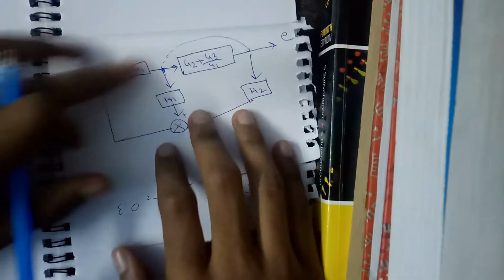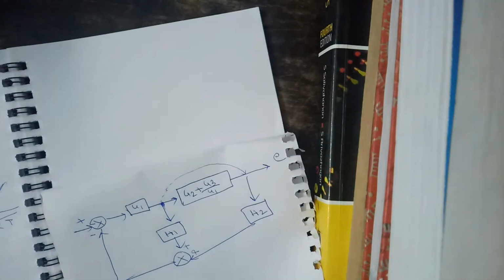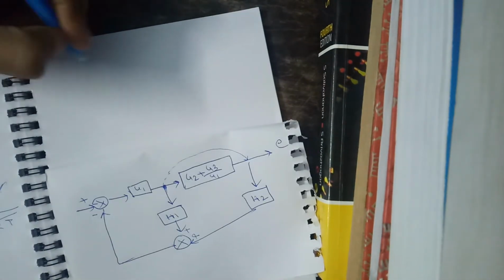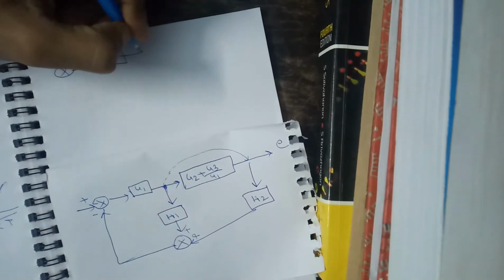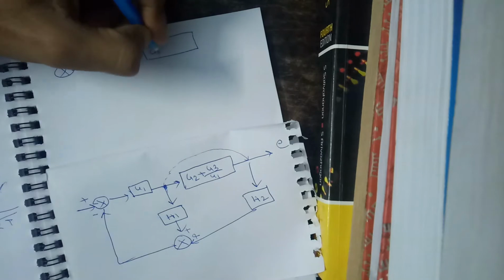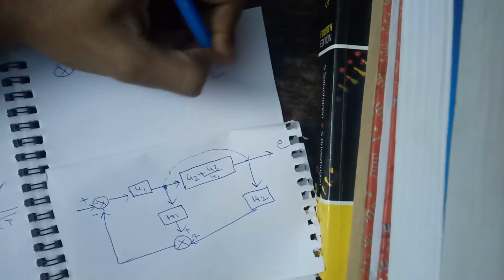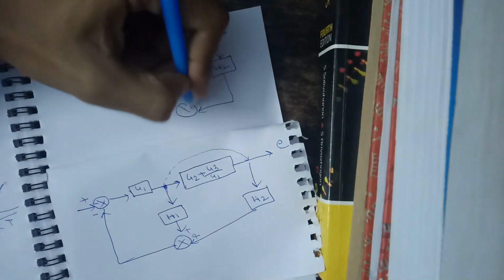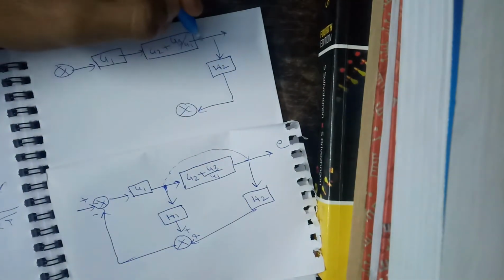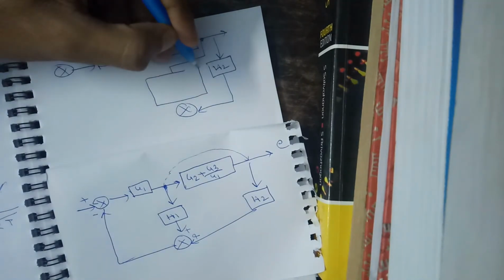So this was the last equivalent model that we had. Now making the model out of this, we will get this as my summing point. This will be my G1 block, this will be my G2 plus G3 by G1 block, this is my H2 block, and this is a summer, and we want to bring that takeoff point out here. So what will happen to the takeoff point right now?